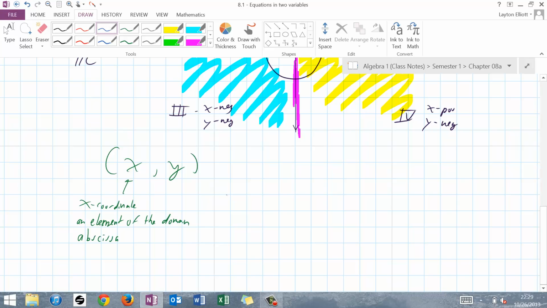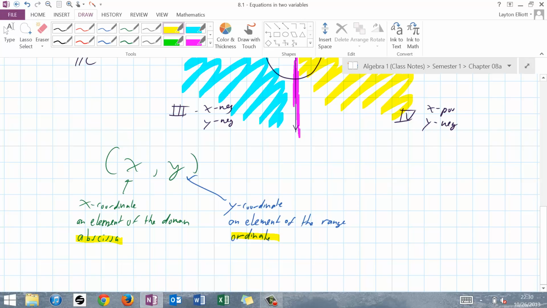And then the y has some names too. Y coordinate. I can call it an element of the range, or a piece of the range. And I can call it the ordinate. Those last two are new, abscissa and ordinate, and there are some older terms for this, but I did want you to see them.